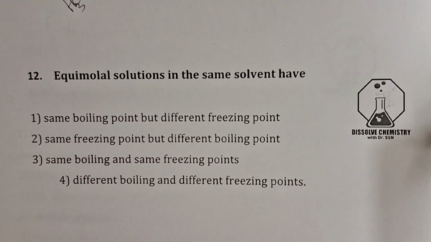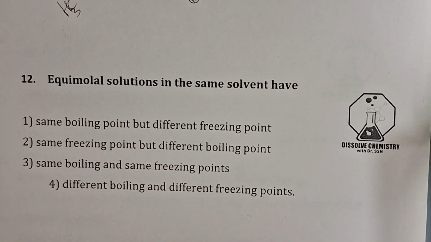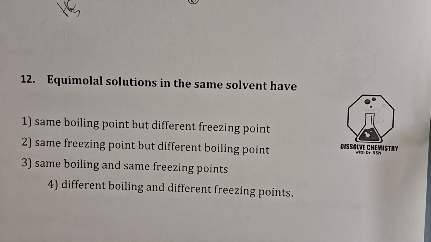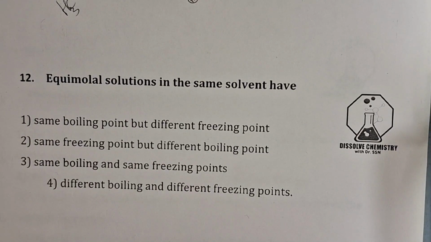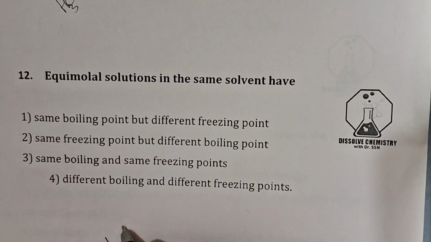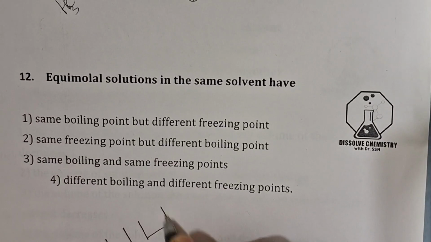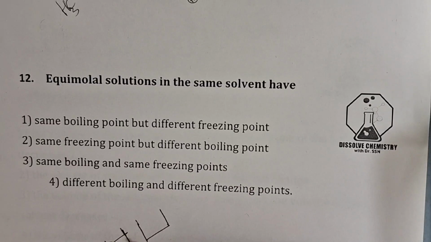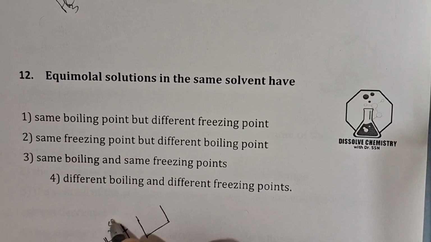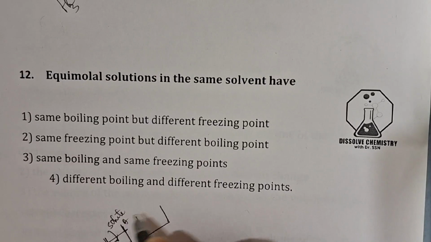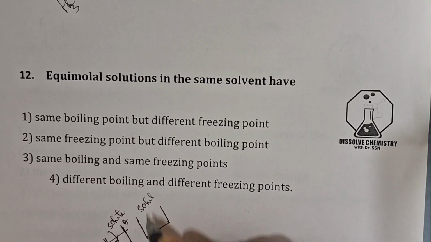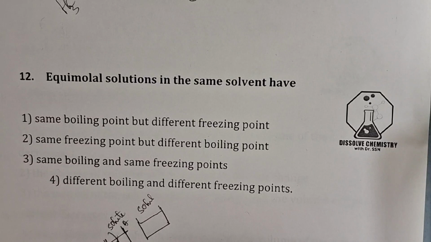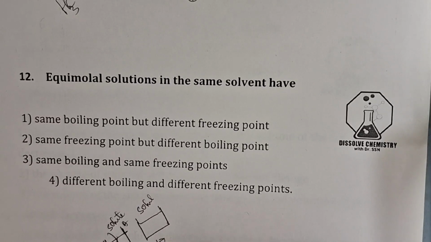When you take equimolal solutions, meaning the same amount of solute, if you prepare them in the same solvent, say for example I have taken 1 kg of water, and one is added with solute A and the other with solute B to make a 1 molal solution in each.